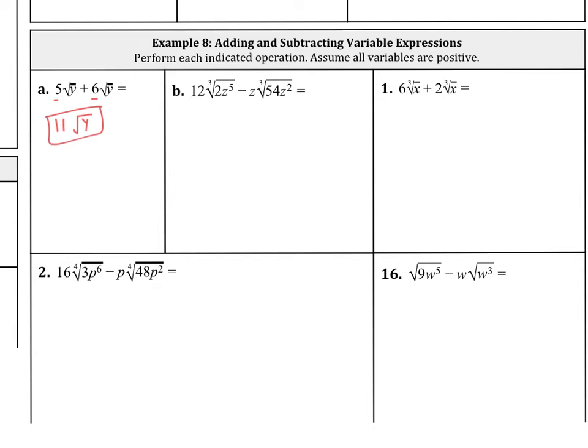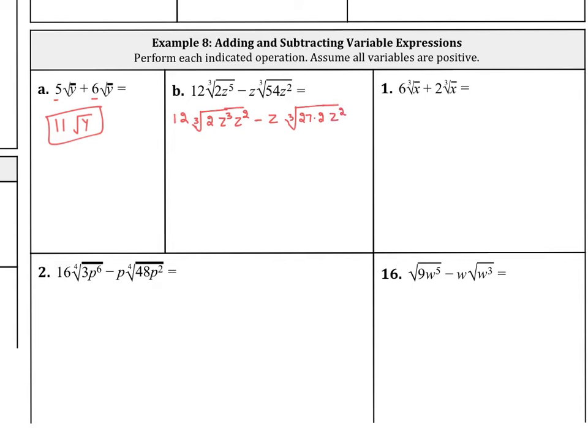So we're going to rewrite this as 2z to the third, z to the second, minus z, and you're going to write down 27 times 2 z squared.